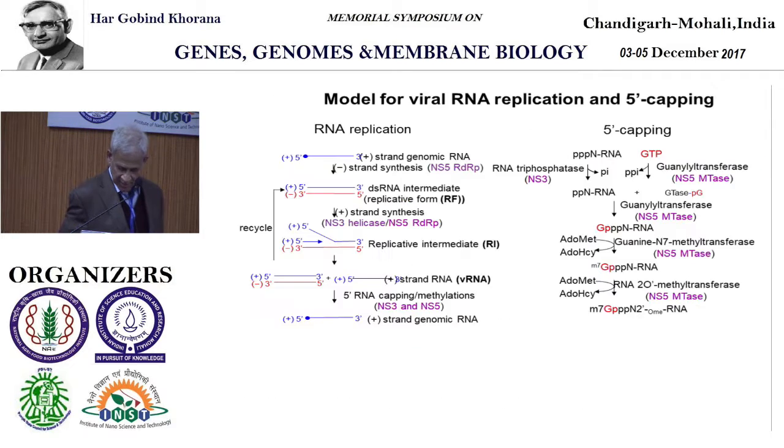Based on this, Westaway proposed a model that the positive strand RNA is copied to form the double-stranded replicative form, and then there is unwinding of the double-stranded RNA at the 3' end of the negative strand to synthesize a new positive strand, displacing the parental strand, and then it is capped after the displacement.